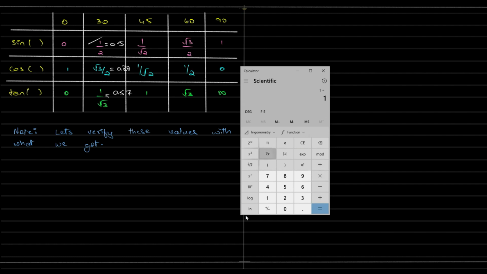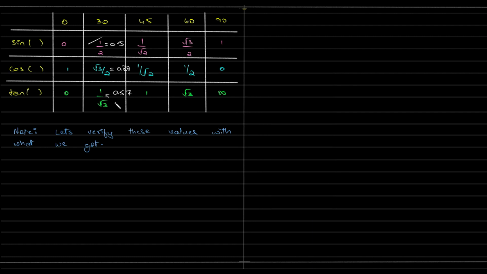What exactly is 1 by root of 3? 0.58 actually. But yeah, again, human error will always come. So yes, our practical was successful and we got nice values, which are almost the same as the actual values.